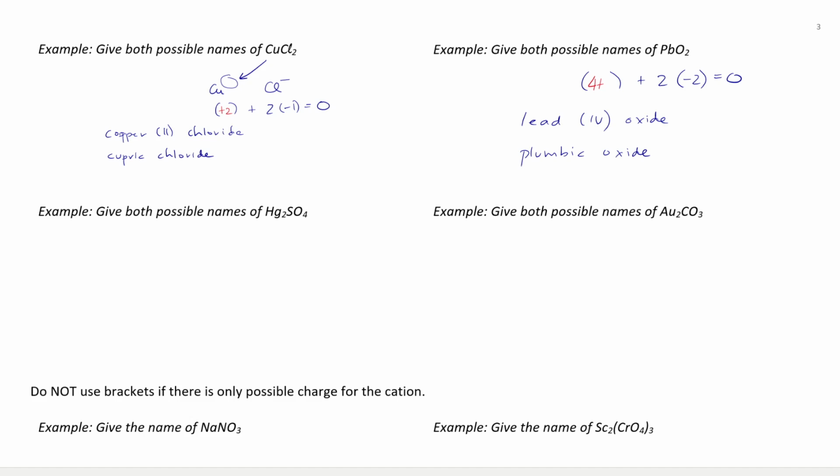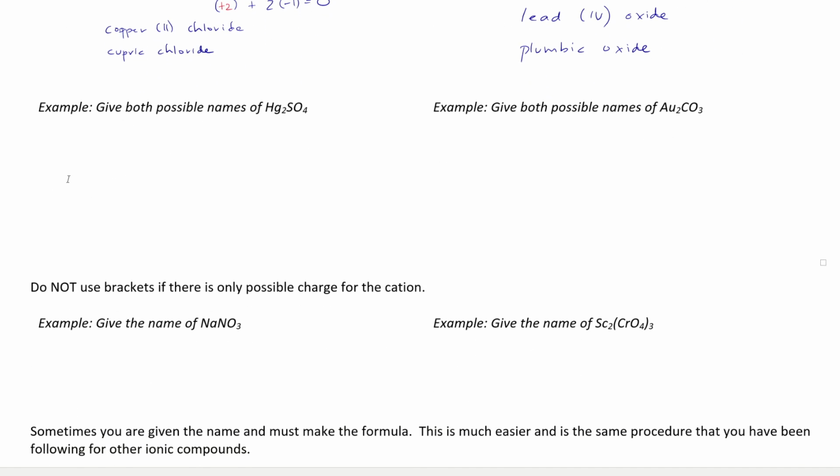This next example says, give both possible names of Hg2SO4. Okay. So if we look at this, this is the key thing that we need to remember right here in our calculation, is that we have 2 mercuries.